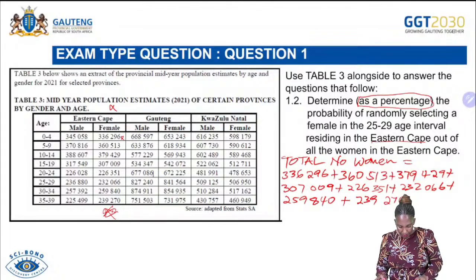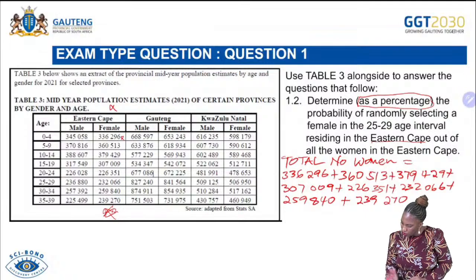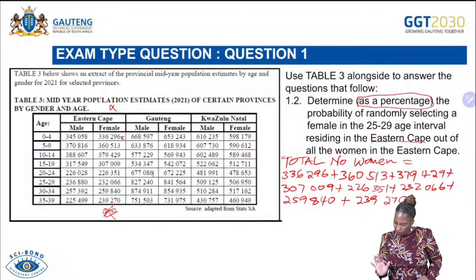We say plus 232,066 plus 259,840 plus 239,270. Then I got my answer to be 2 million. Now let me, oh, I made a mistake. I don't know what I pressed. I have to start again.